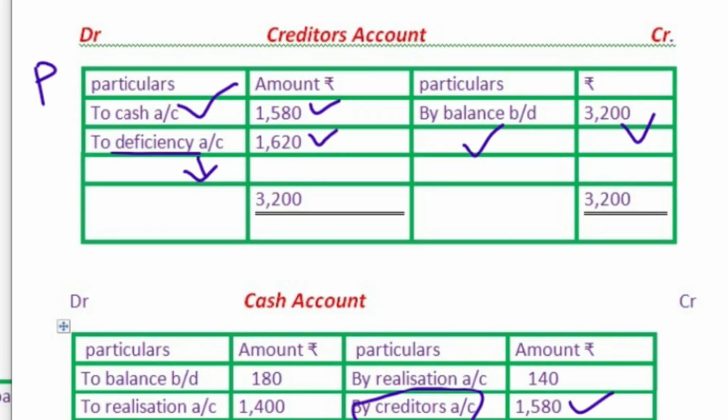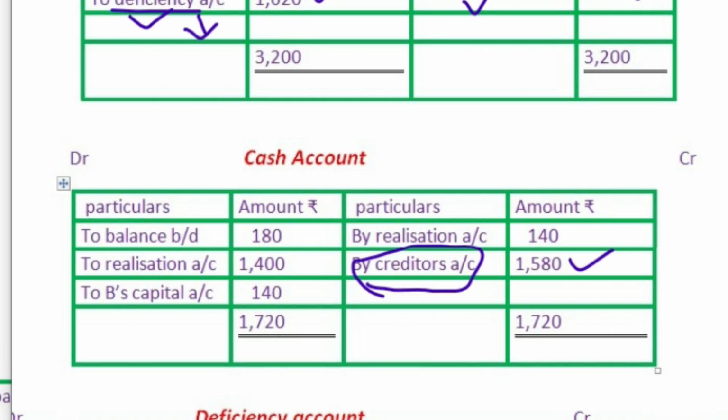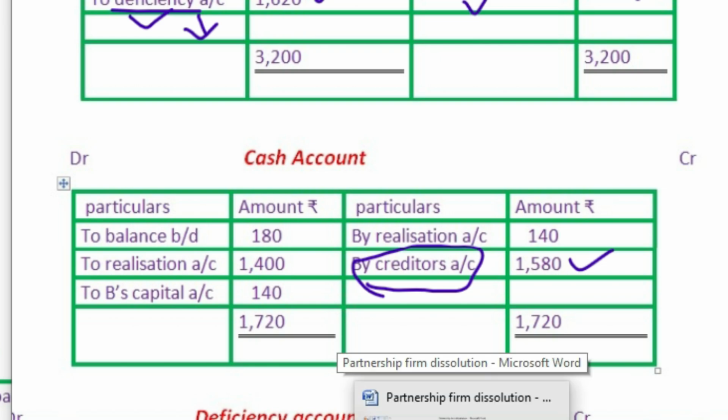In the partners' capital accounts we found a deficiency. In the creditors account also we found a deficiency, and by taking these two items of deficiency we have to prepare the deficiency account. Now I will show you the preparation of the deficiency account. In the capital account we found the deficiency on the credit side, so in the deficiency account it will appear on the debit side.